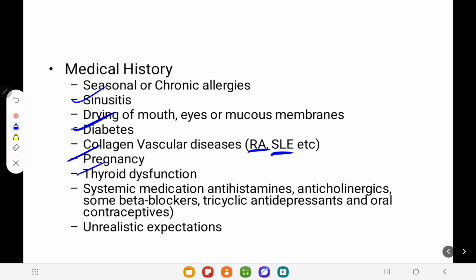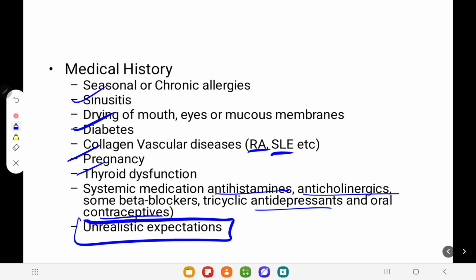Systemic medication, for example antihistamines, anticholinergics, some beta blockers, and even antidepressants and oral contraceptives, because all these medications directly affect the tear level, and affected tear level will definitely affect the contact lens fit, even contact lens well-being.